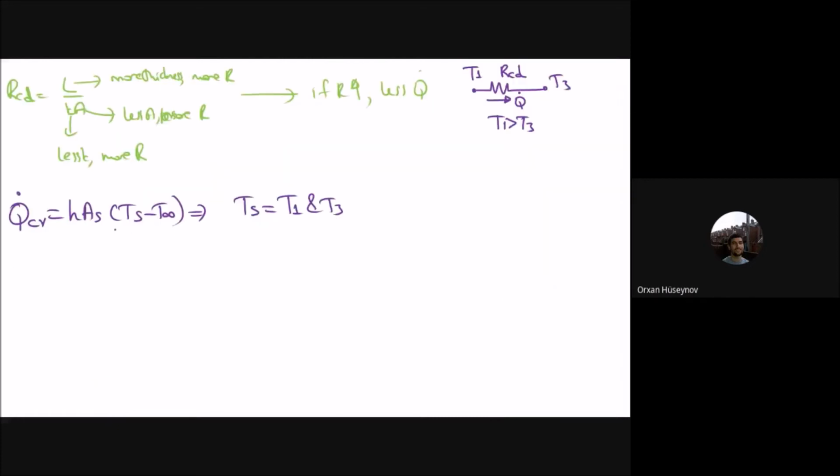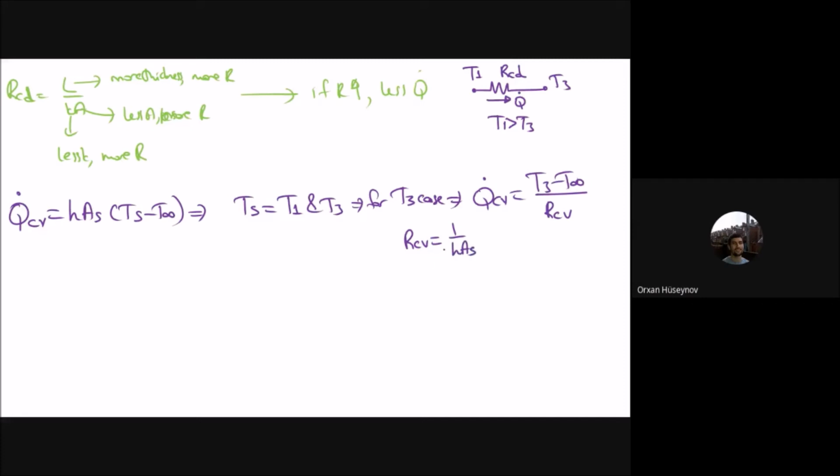So if I write for the T3 case, you will have Q dot convection equal to T3 minus T infinity divided by the resistance of the convection. And from here, R convection will be equal to 1 by h A_s.